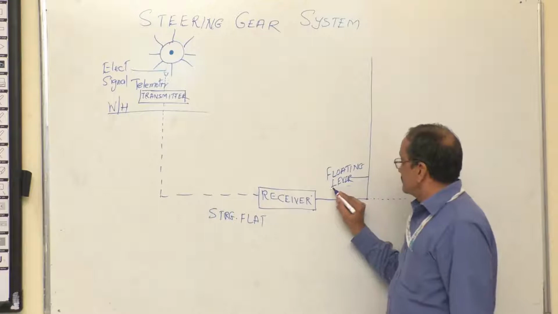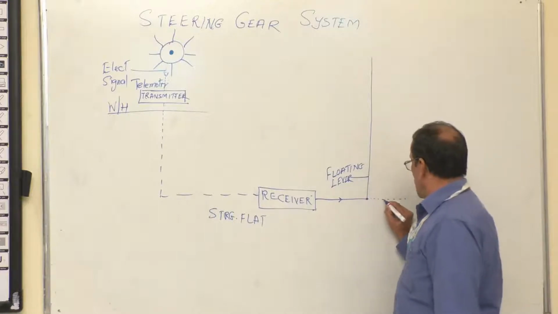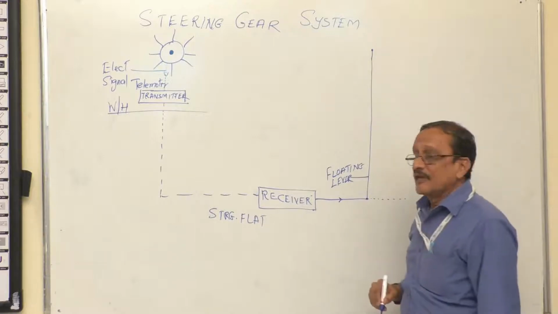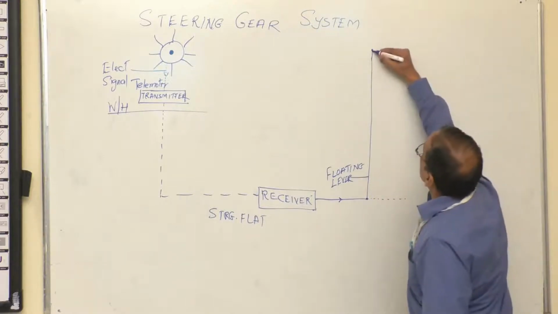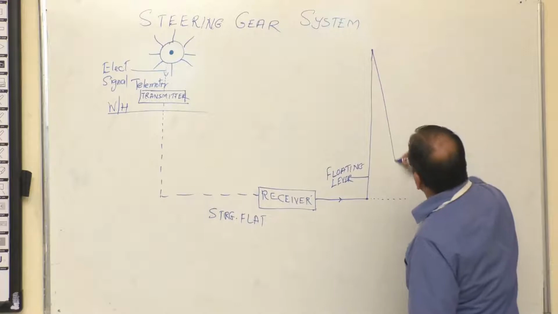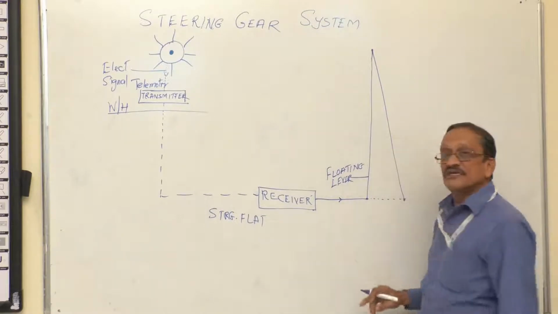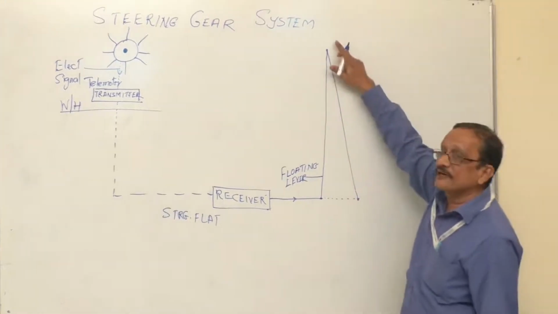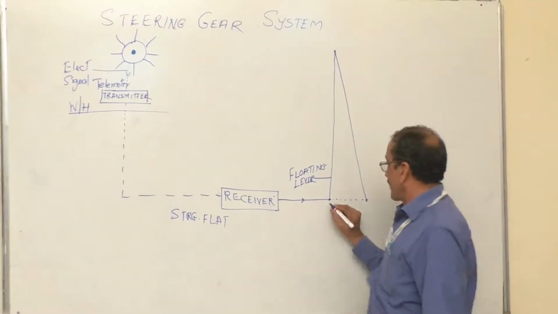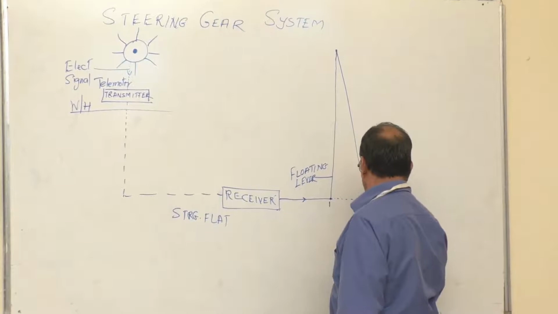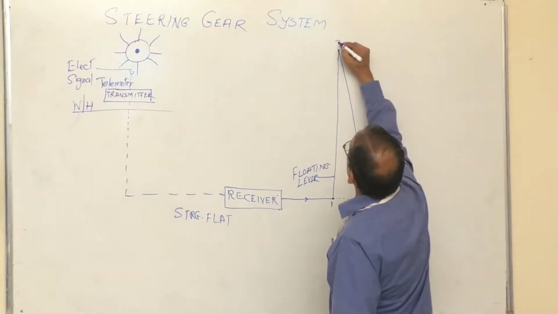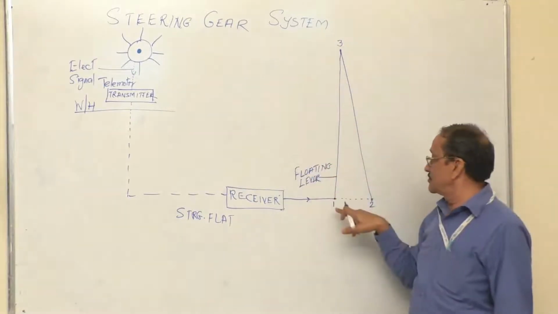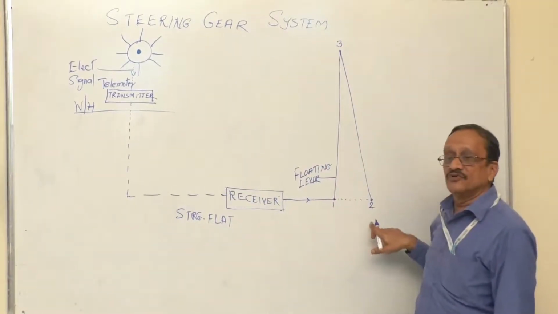This mechanical movement is experienced by the floating lever. This floating lever is subjected to a movement with respect to this point over here. If you name the points 1, 2, and 3, then with respect to 3, your floating lever is changing its position to point 2.